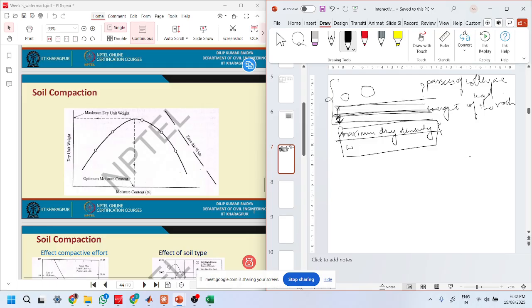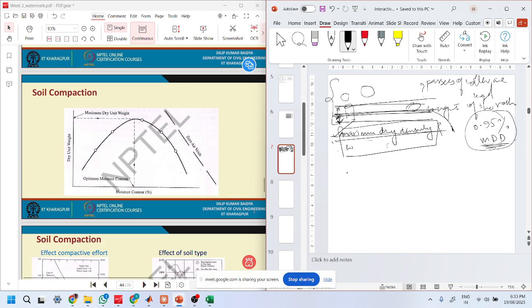In the lab, we do this test, we take this soil and calculate the maximum dry density. Let us say I need to achieve 95% of this MDD in the field. So I check the dry density from the compaction, and if it is about 95% of MDD, then you will know it is compacted.